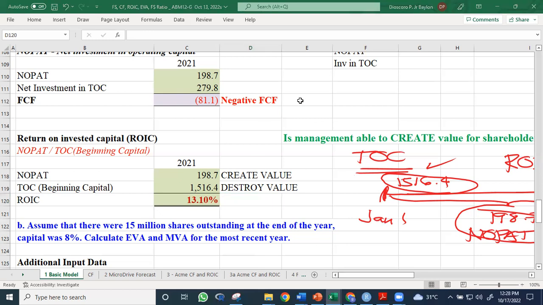Okay, let's see. Casey, bakit mo sinabing create? And then I'll also ask Francine. Why? What was your basis for that? Yun na pong ROIC, sir, yung tinignan ko. 13.10% siya. Yeah, oo, 13.10. Pero what made you decide na nag-create ng value?